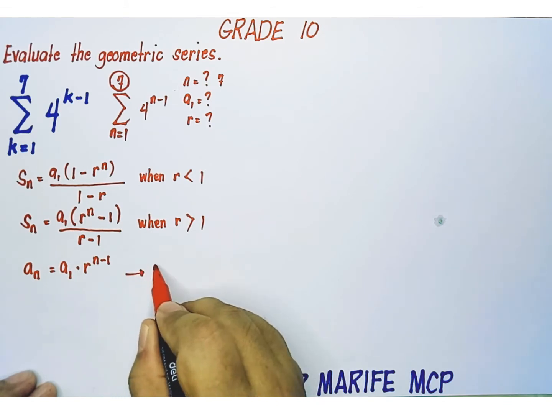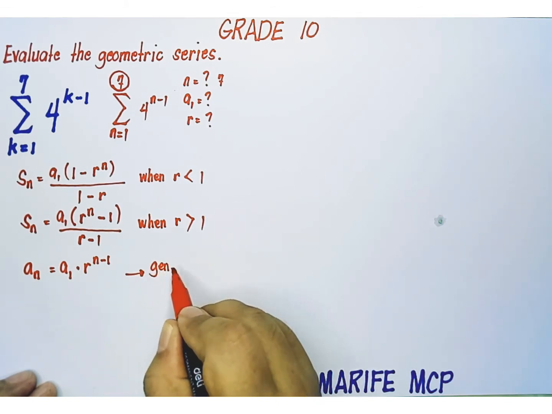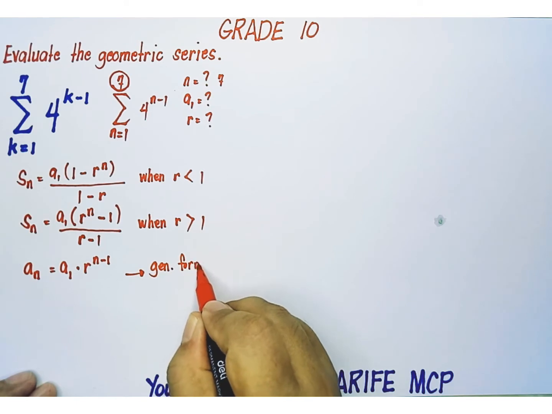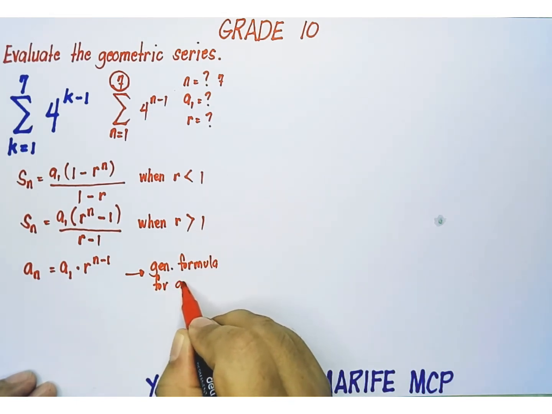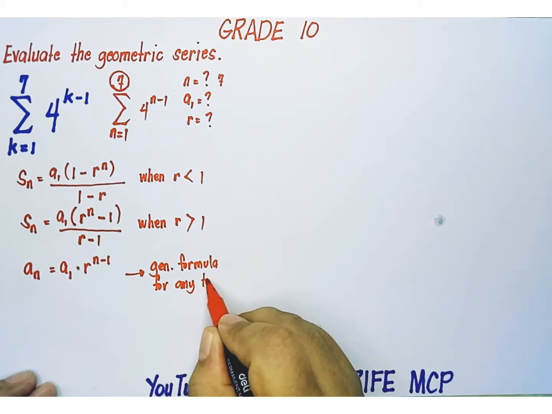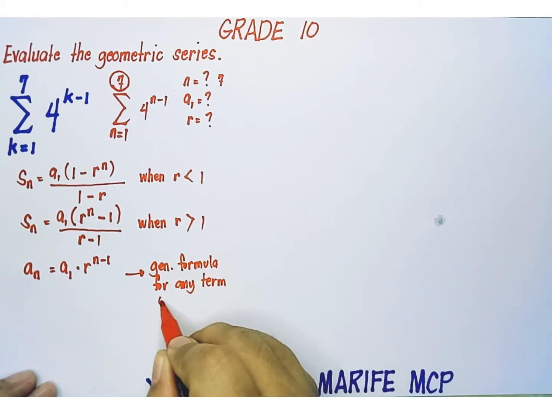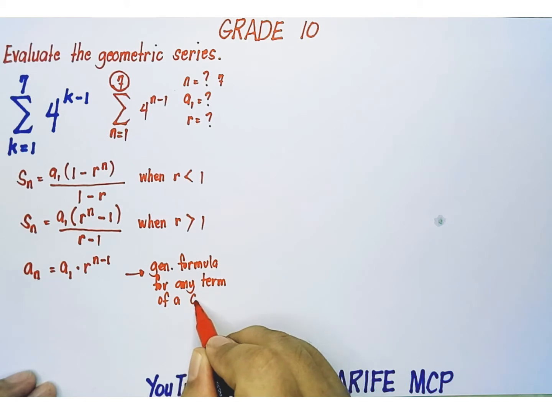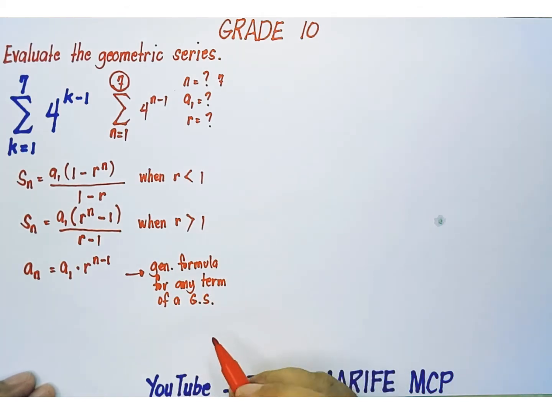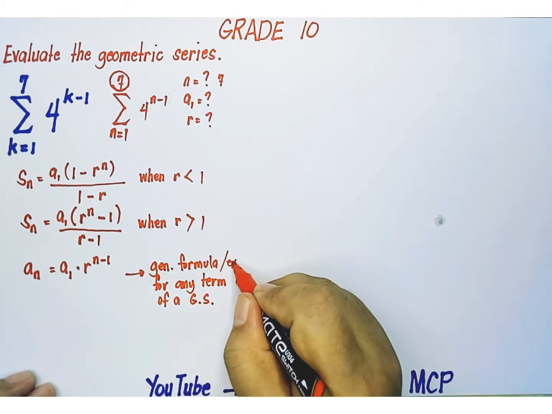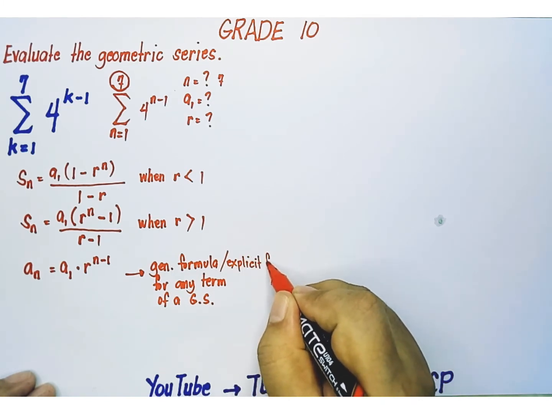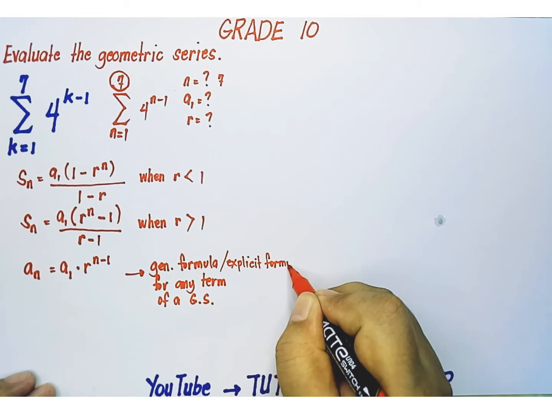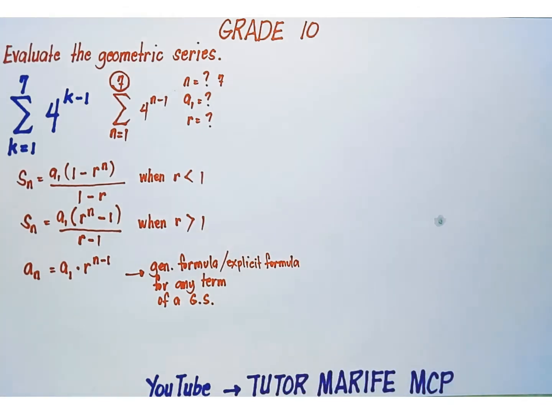Remember, this is the general formula for any term of a geometric sequence. And it's also the explicit formula of the geometric sequence.